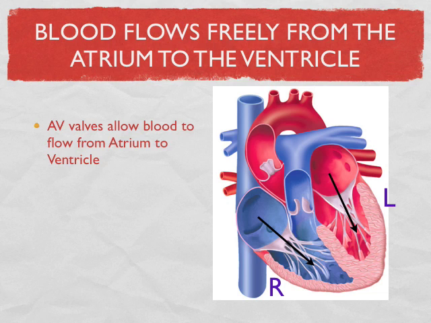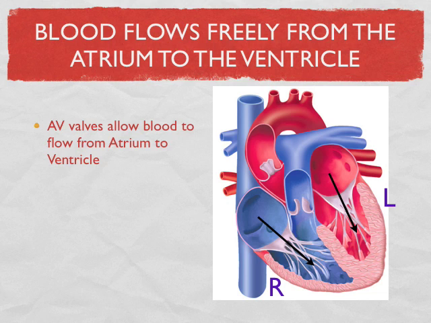When this ventricle squeezes and pushes against the blood, where's the blood going to go? There's no way out down here, right? So it's going to squeeze all the blood up this way.